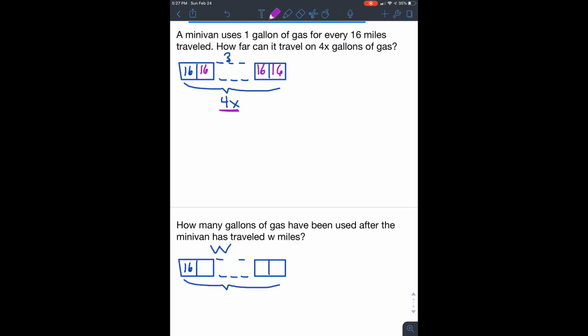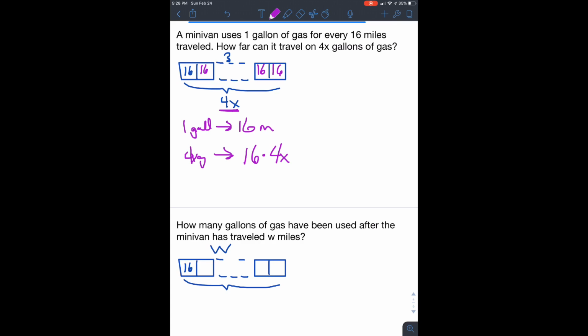So again, we are thinking about 1 gallon is 16 miles. And then we're going to be thinking, 4x gallons. Well, 4x gallons is going to be that 16 miles times that 4x.